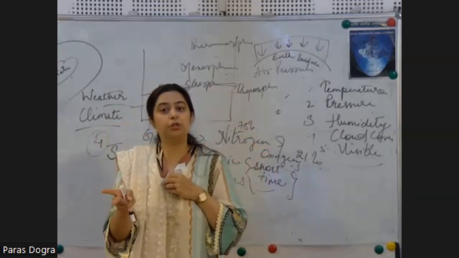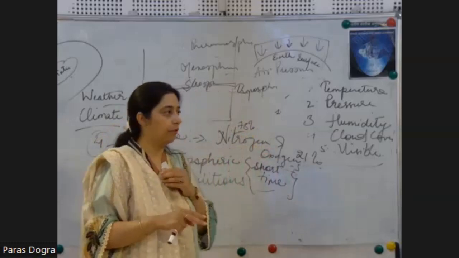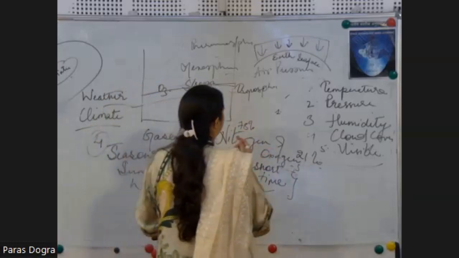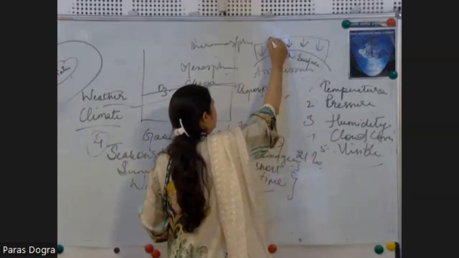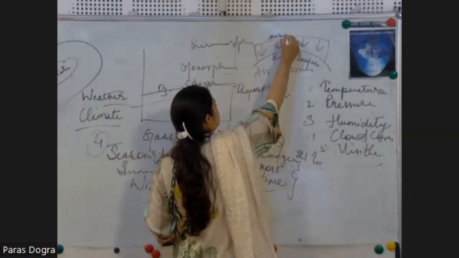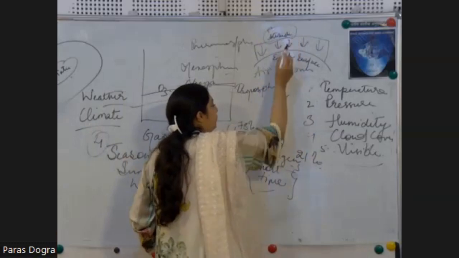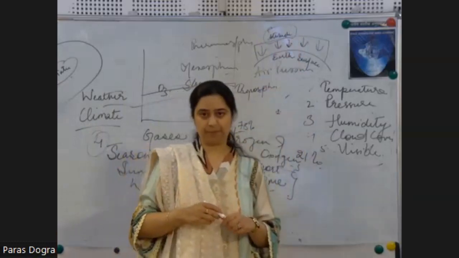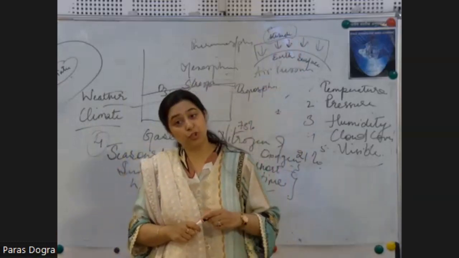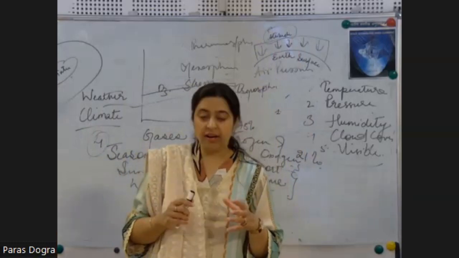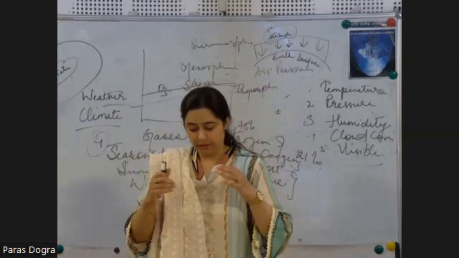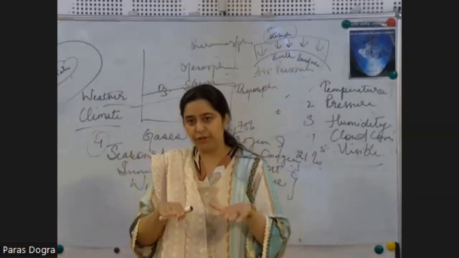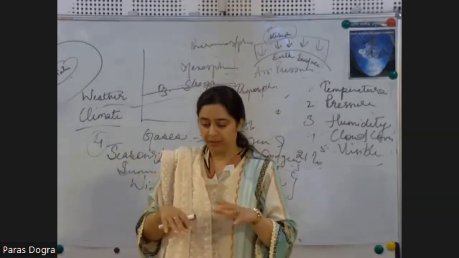This is also true in the case of the altitude of different places. So we can say that as the altitude is increasing, the air pressure is decreasing. And air pressure is also high near the Earth's surface because of gravitation.